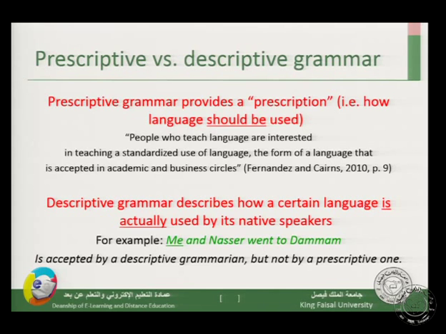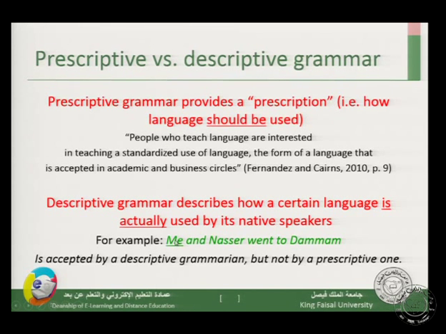For example, in prescriptive grammar, they tell you that you should use I and Nasser went to Dammam rather than me, because me is the object pronoun, not the subject pronoun. We have an object pronoun used instead of a subject pronoun. So we have me instead of I, which should be used in the prescriptive grammar.